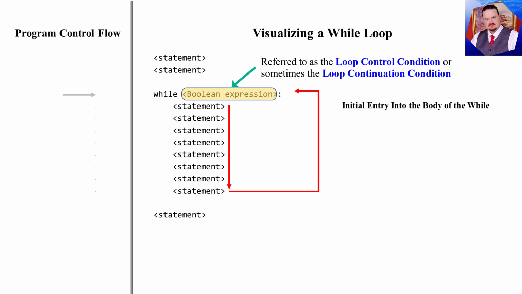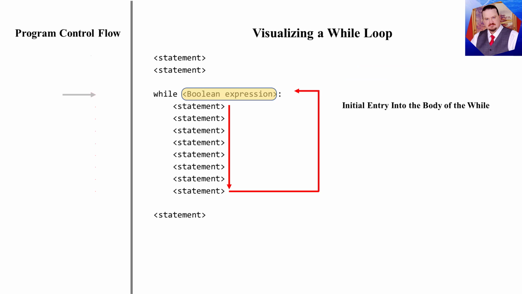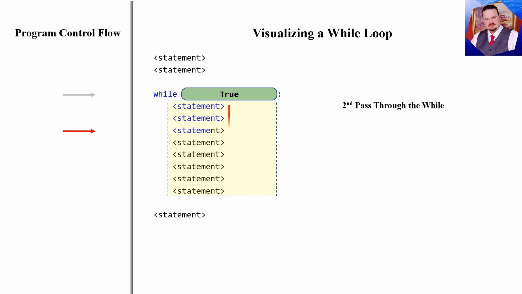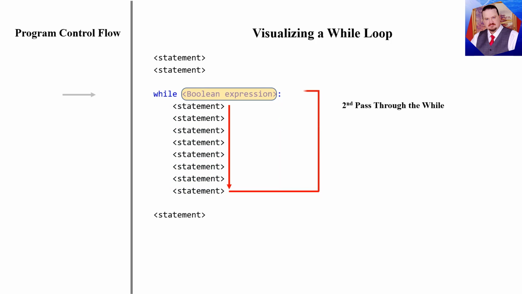Let's see what happens on the next test of this loop control condition. So in this case, the loop control condition is true. And as we see, we step through the body of the while again, sequentially, statement for each statement in the body of the while. And once again, we come back to the loop control condition to test to see whether it's true or false once again.